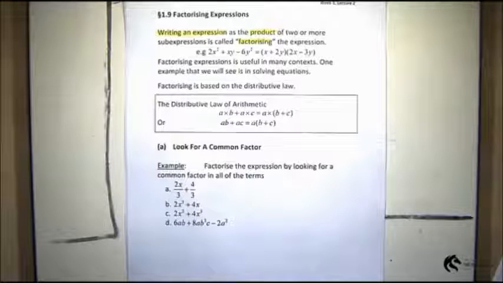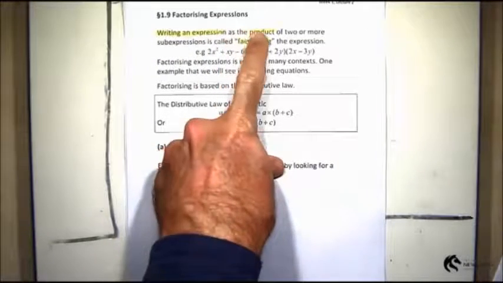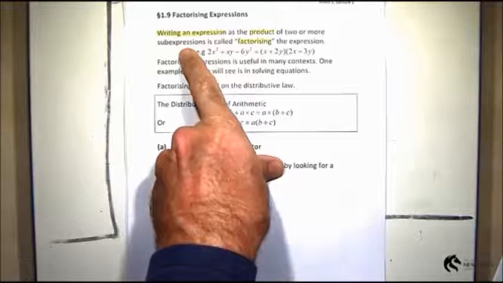If I asked you to factorise 24, you could say I could write that as 6 times 4. I've written that as the product of two smaller numbers. That's called factorising numbers. We're doing the same thing as we factorise expressions: writing the expression as a product of two or more sub-expressions.